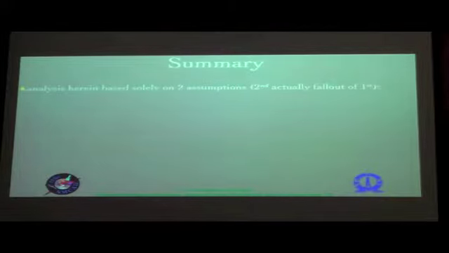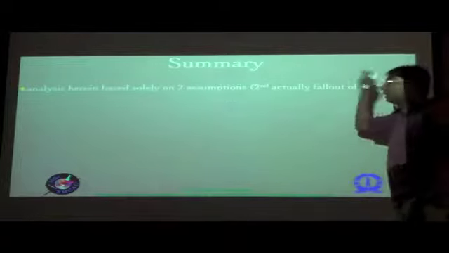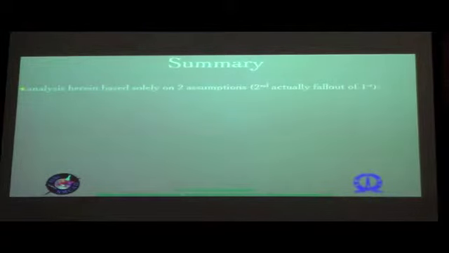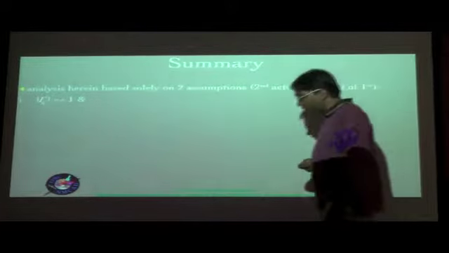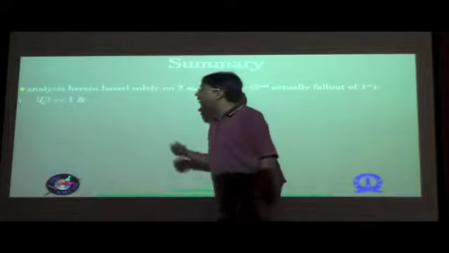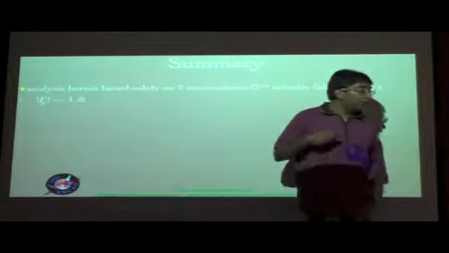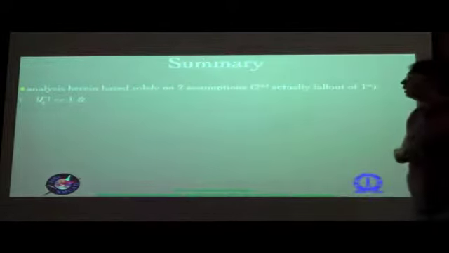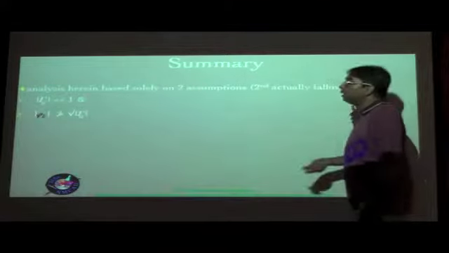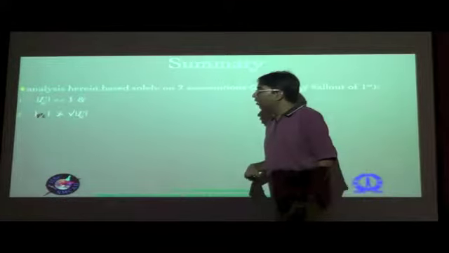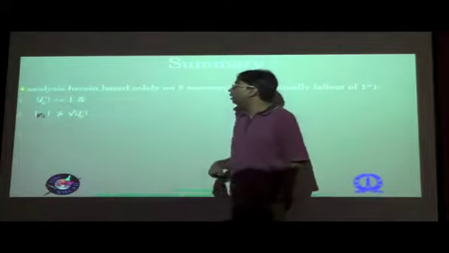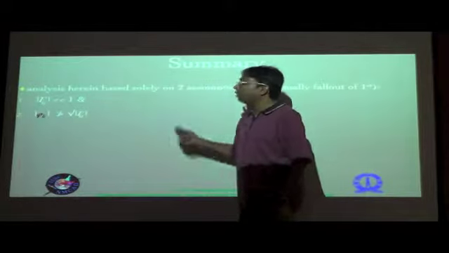So let's summarize this whole thing. The analysis, what we did in the previous class, was based solely on two assumptions. In fact, the second was the fallout of the first. The first, of course, is that the maximum strain that you have anywhere within the body amongst all the components of the strain is a small factor, and the other is that the local rotations are not bigger than square root of gamma ij.